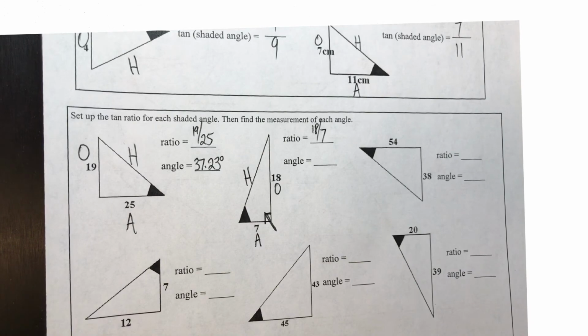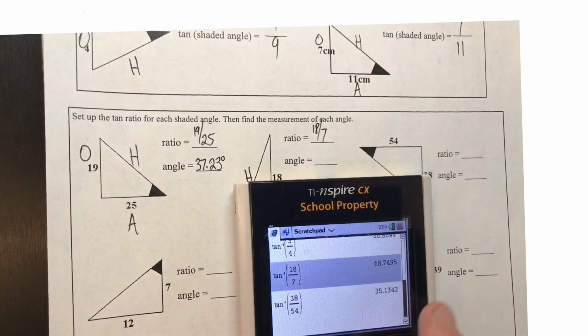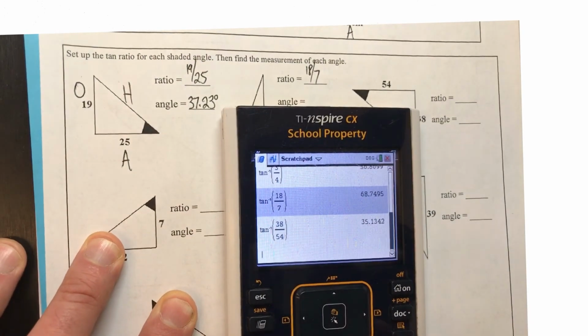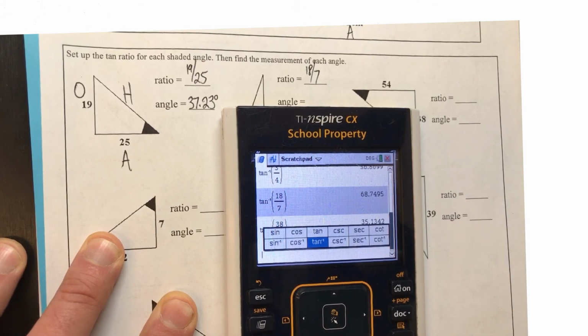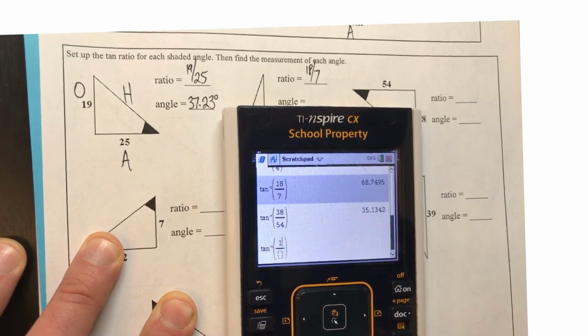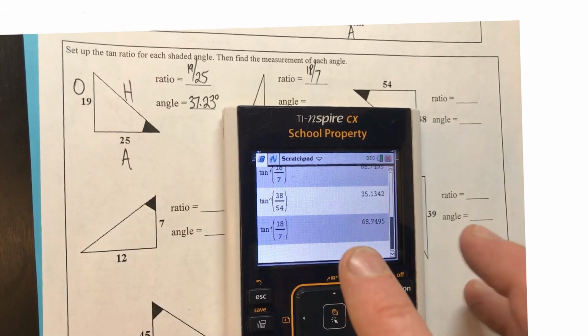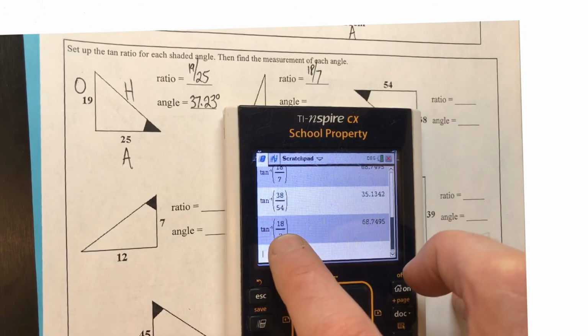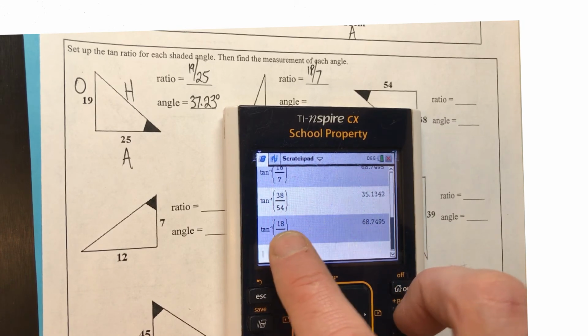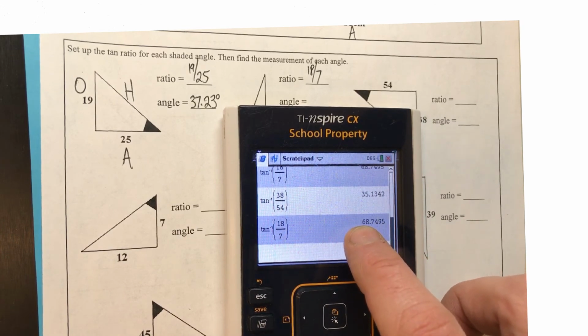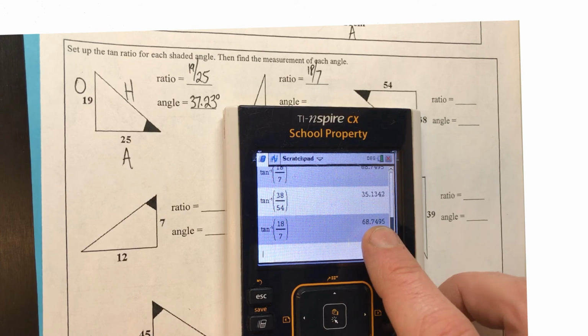From here I'm going to type in tan inverse of 18 over 7. So if an angle has a tangent of 18 over 7, how big is that angle? 68.75 degrees. Good.